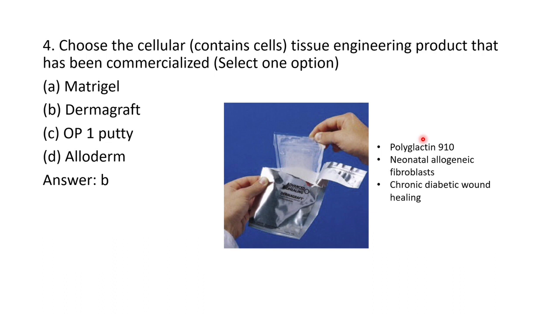PLGA polymer will exist in different ratios. That is, different ratios of PLA and PGA combined together will form PLGA. So 90% of PLA and 10% of PGA will combine together to form polyglactin. This is the synthetic polymer that is being used as a base in this particular commercial product, Dermagraft.